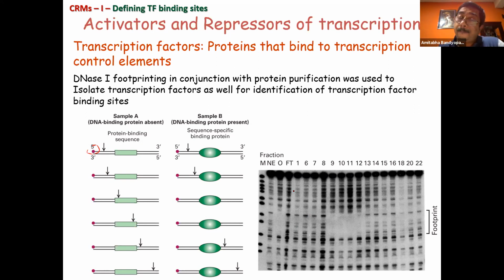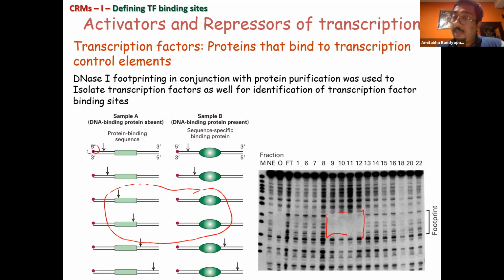But because of this occlusion, this and this cut will not happen here. Okay? The rest will happen. So you will see a gap in the radioactive bands, and this is possible only because you have labeled only one end of the double-stranded DNA.